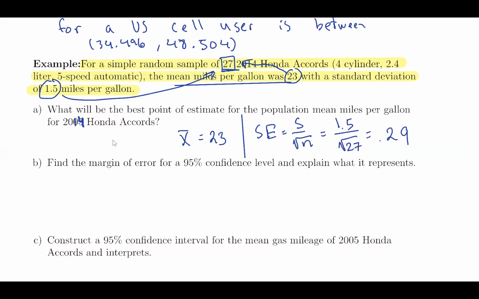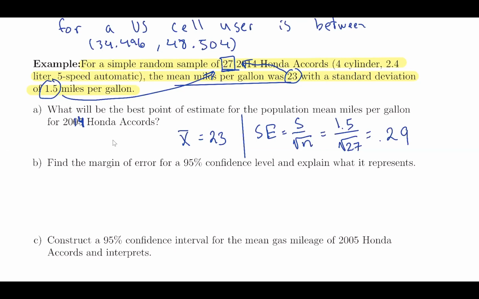So if they say here's a sample of 27 and we found the mean to be 23, and then in the other sentence it says the standard deviation was found to be 2.5, most likely that 2.5 is a population standard deviation, not a sample standard deviation. So look at the sentence and see what is given in that one sentence to figure out if it's a sample or population. All right, enough about that.